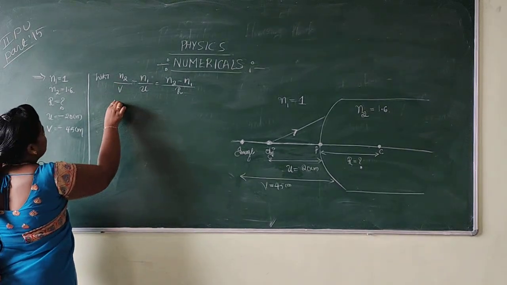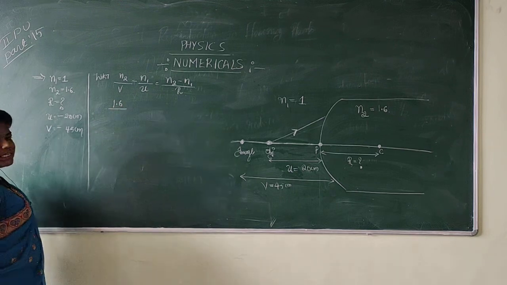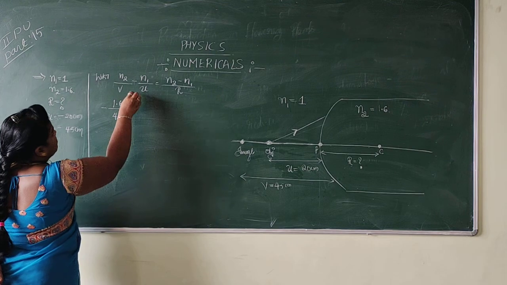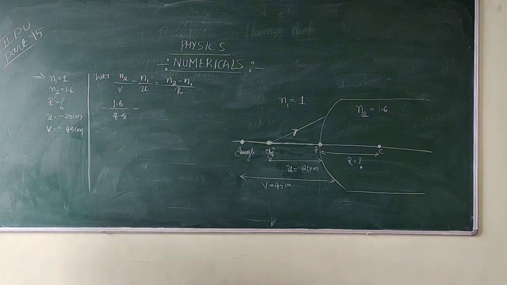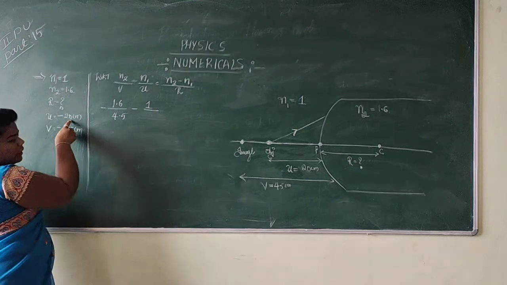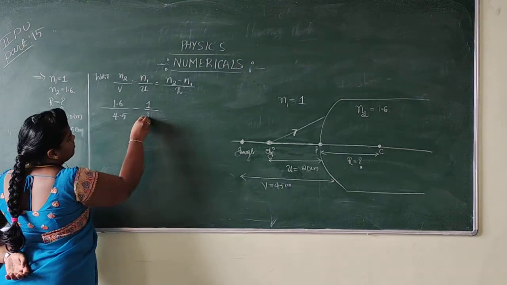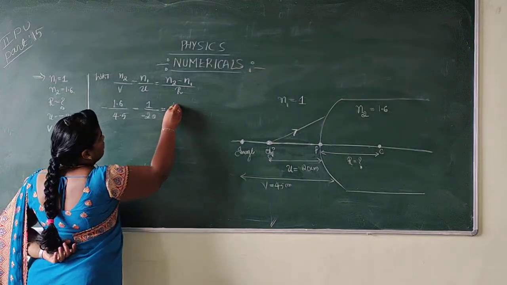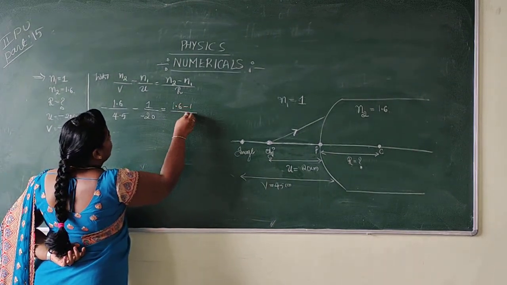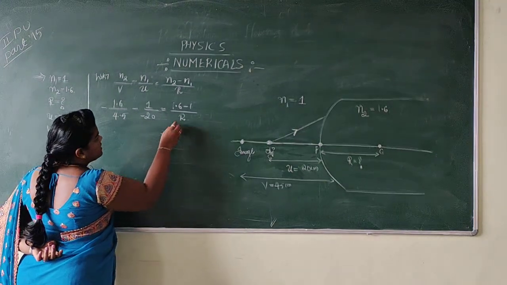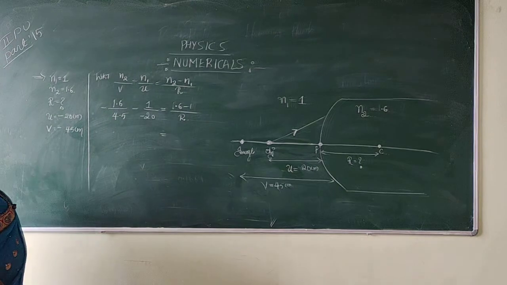What is n2? 1.6 divided by what is v? v is minus 45. Next, here there is a minus, I will write it the same way. What is n1? n1 is 1. What is u? u is minus 20. So here minus, minus 20 equals, what is n2 again, 1.6 minus 1 divided by r. Right. See, it is 1.6 minus 1.